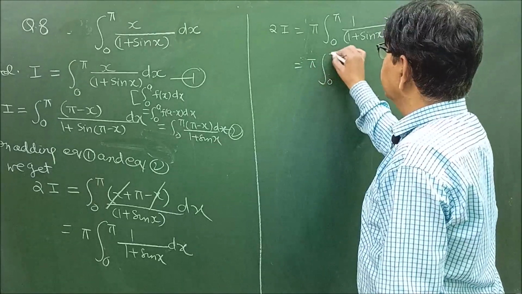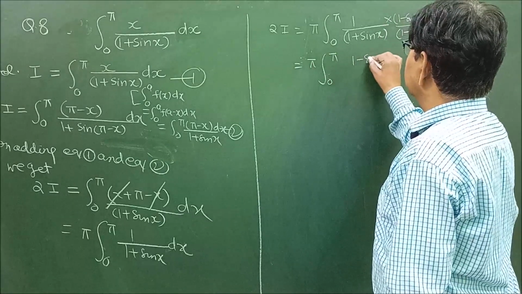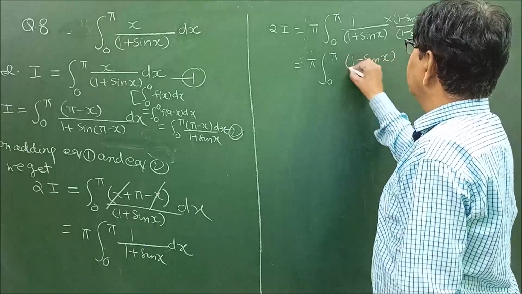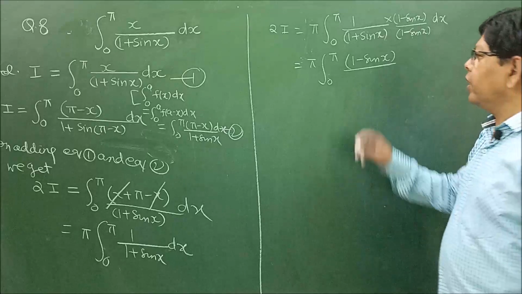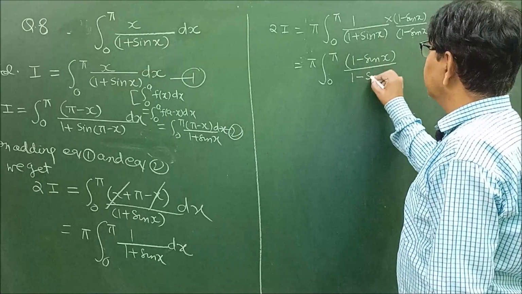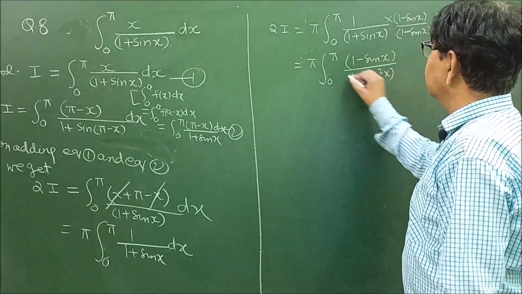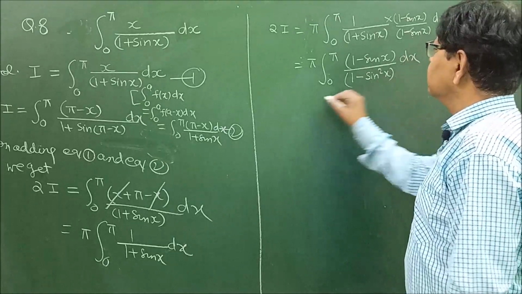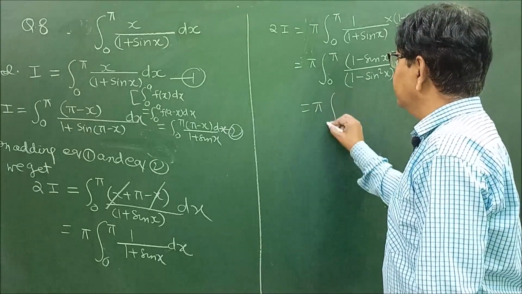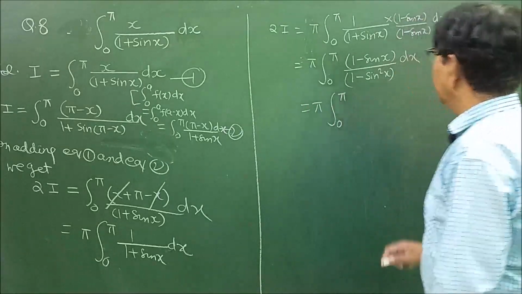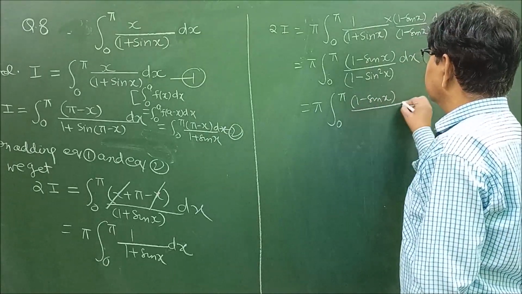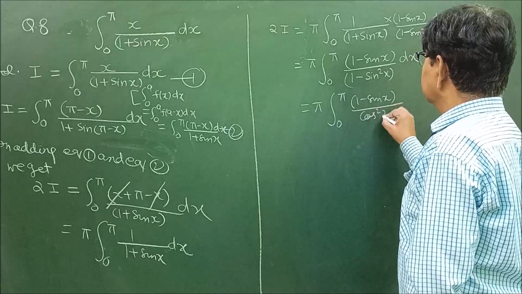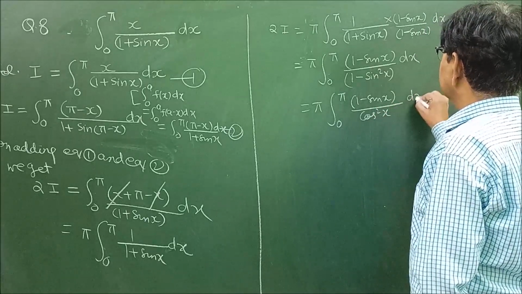0 to pi limits, 1 minus sin x upon 1 plus sin x into 1 minus sin x, which is equal to 1 minus sin square x, dx. So this is further equal to pi, 0 to pi, 1 minus sin x upon cos square x dx.